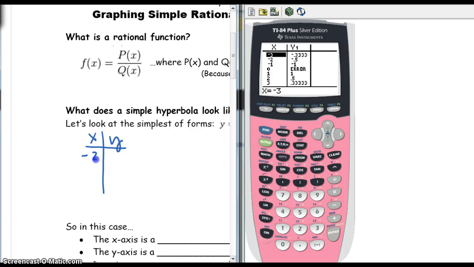Let's use -2, -0.5, -1, -1. And we'll skip the error, right? Well, I'll say 0 and error. We'll just write it in there. We'll talk about that. And then we have 1, 1, we have 2, 0.5. Oh, I'll throw this other one in here too. So 3 and then 0.33, just so we can see what's going on.